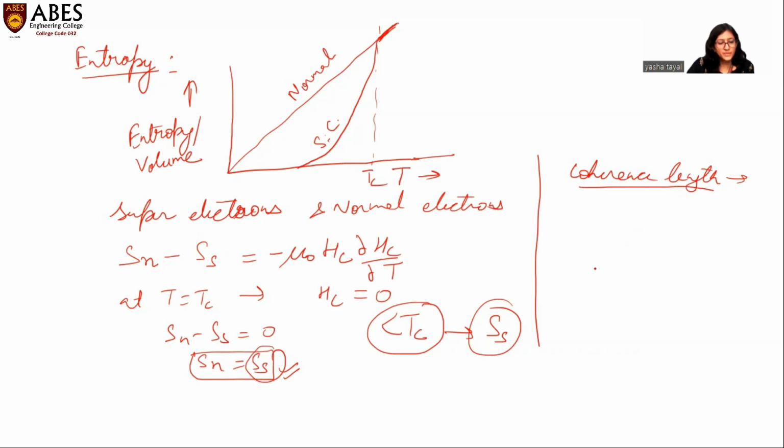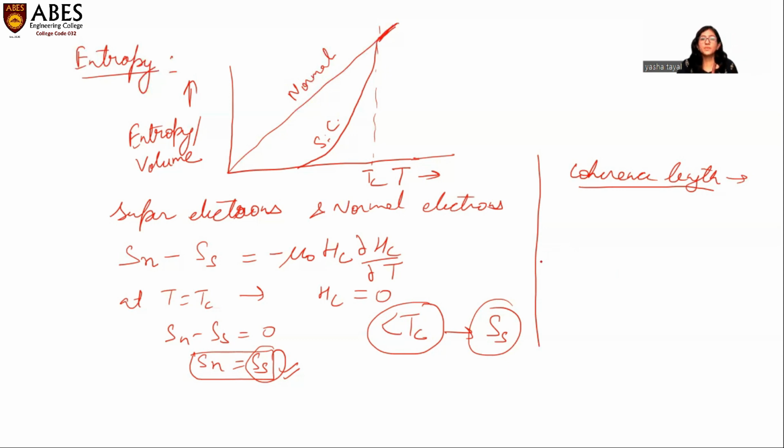So for superconductivity, below the critical temperature, coherence length is of the order of 10 to the power minus 6 meter. This is for type 1 superconductors, in which we use pure materials. As we use a combination of different materials, this coherence length can increase, and so the degree of orderness can be extended over a higher length, and that's why its magnetic field will also be over a higher range.